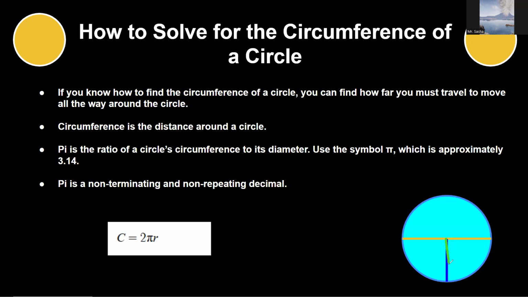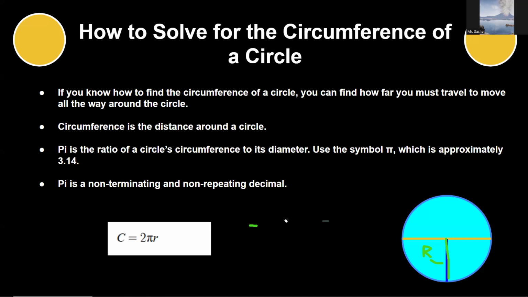This over here is the radius. So you can see that diameter is equal to twice the radius.